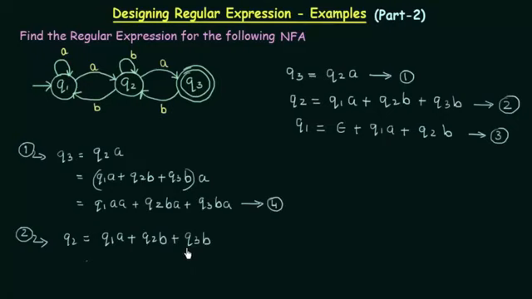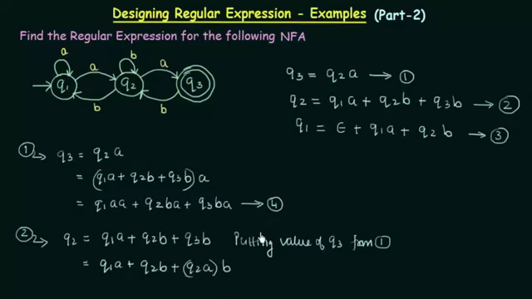What I will do is substitute this Q3 with the value of Q3 from equation number 1. So what do I get? Q1A will remain the same, Q2B also will remain the same, and Q3 can be written as Q2A, that is from equation number 1, and B as it is.